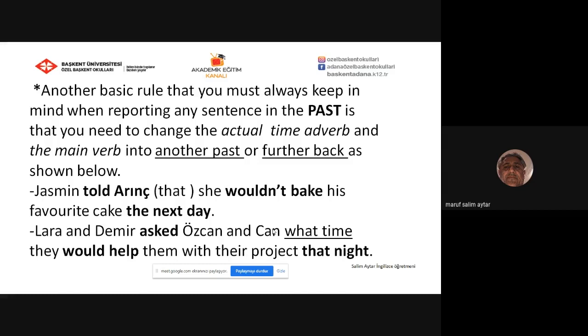Yasmin told Orange that she wouldn't bake his favorite cake the next day. See? Yasmin told Orange that she wouldn't bake his favorite cake the next day. Lara and Demir asked Özcan and Can what time they would help them with their project that night.